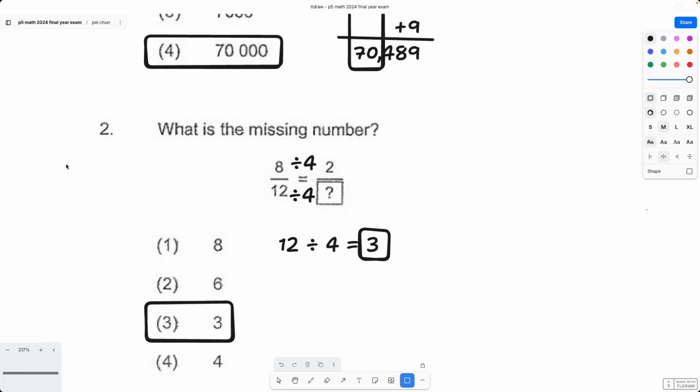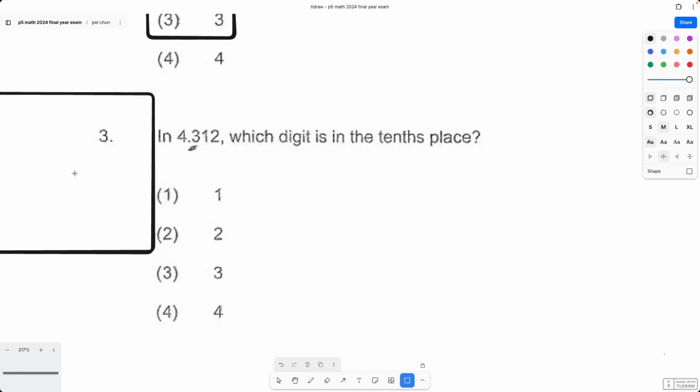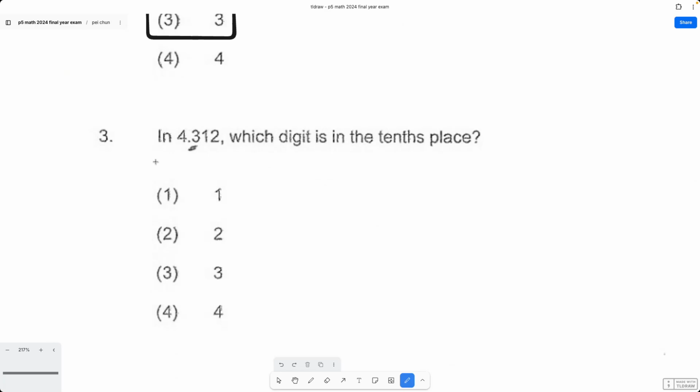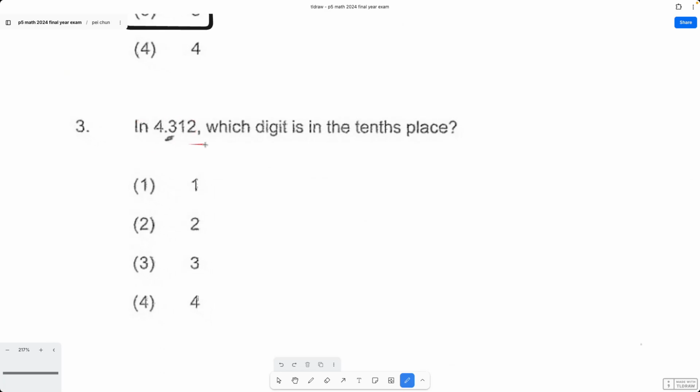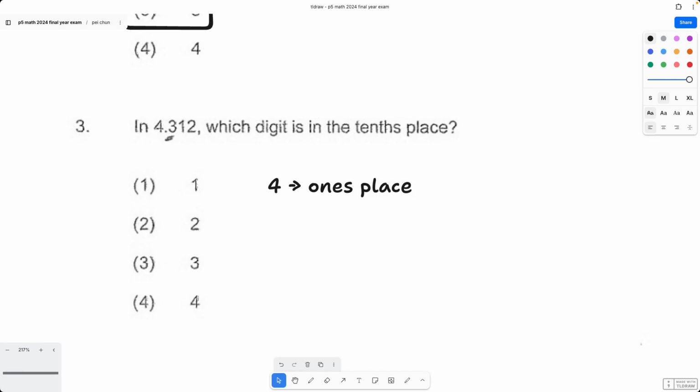Okay, let's move on to question number 3. It says in 4.312, which digit is in the 10th place? The 4 is basically in the ones place. The 0.3 is in the tenths place, a common mistake being to say 1th place, so this should be the 10th place.